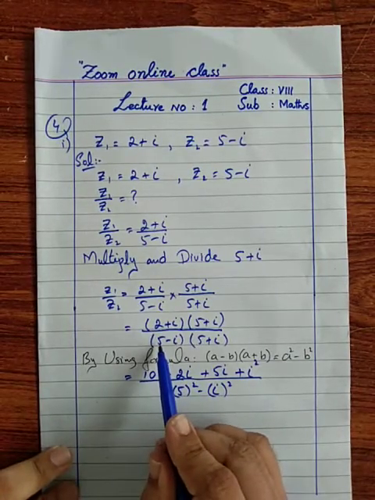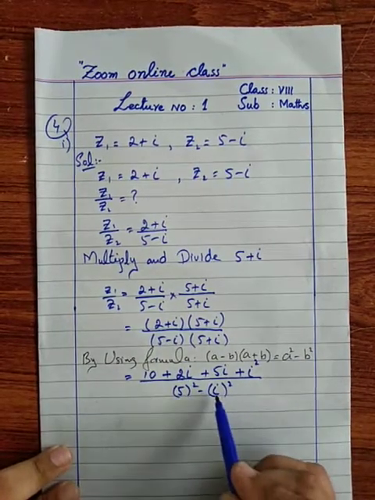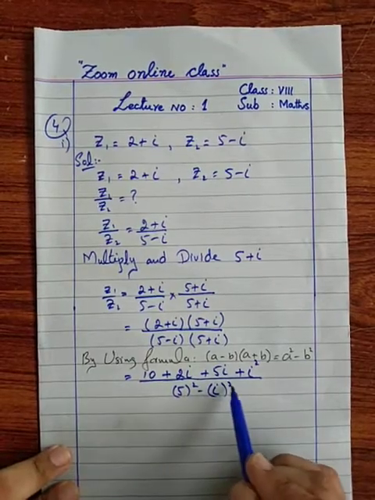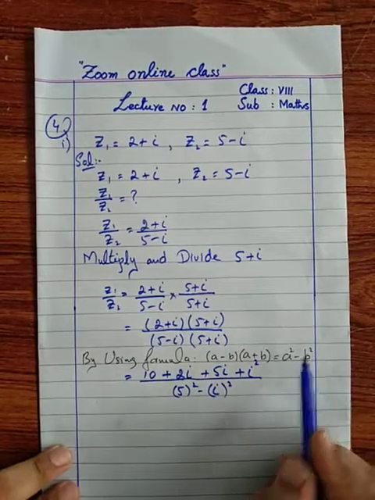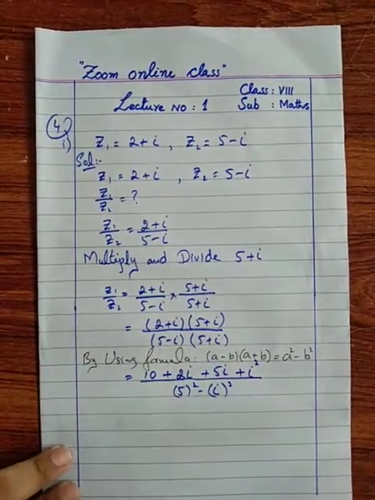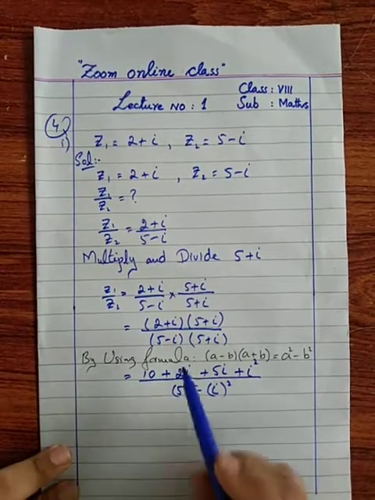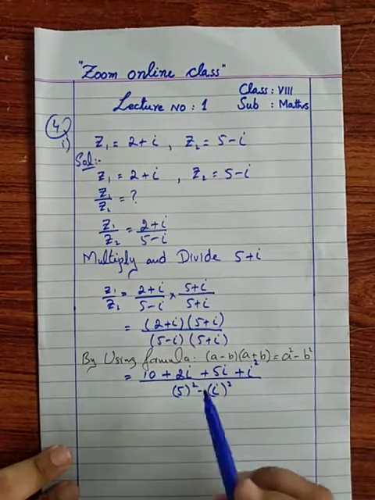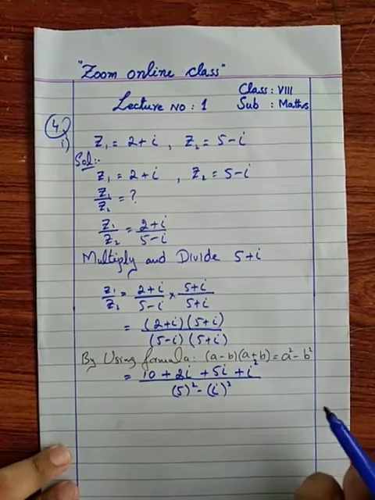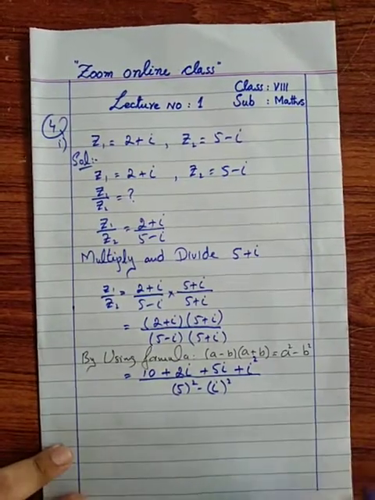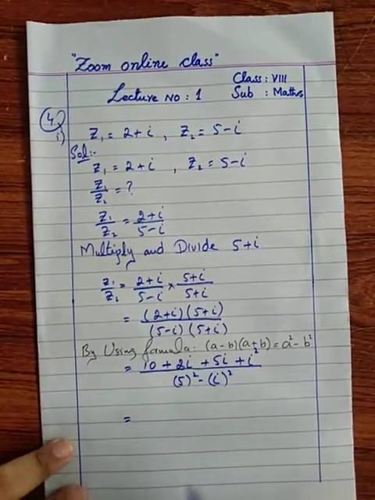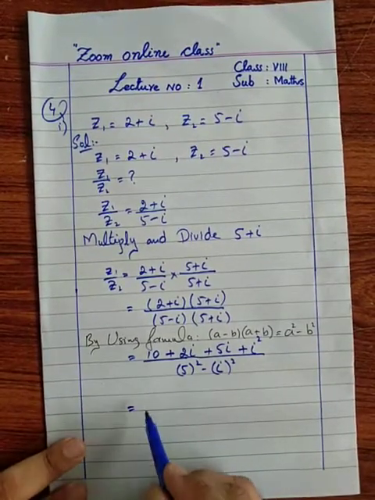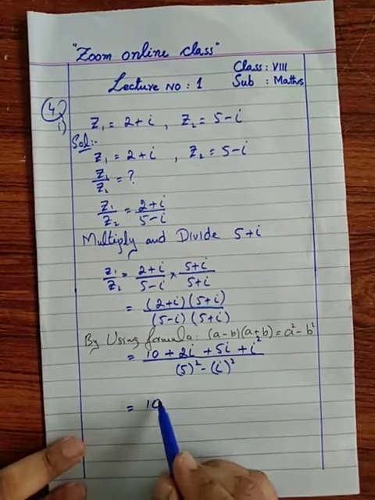The 5 is like a and iota is like b, so we just put a square. No need to multiply these two brackets. If we multiply, the result will be the same, but the formula shows us an easy and simple way instead of multiplication. Okay, come to the next step and see the 10 will become 10.